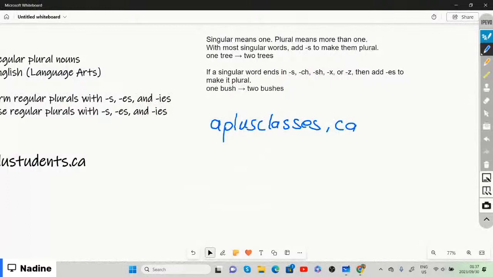Once we've logged in, we're going to learning material, and then we're going to grade and choose grade 4, language arts.